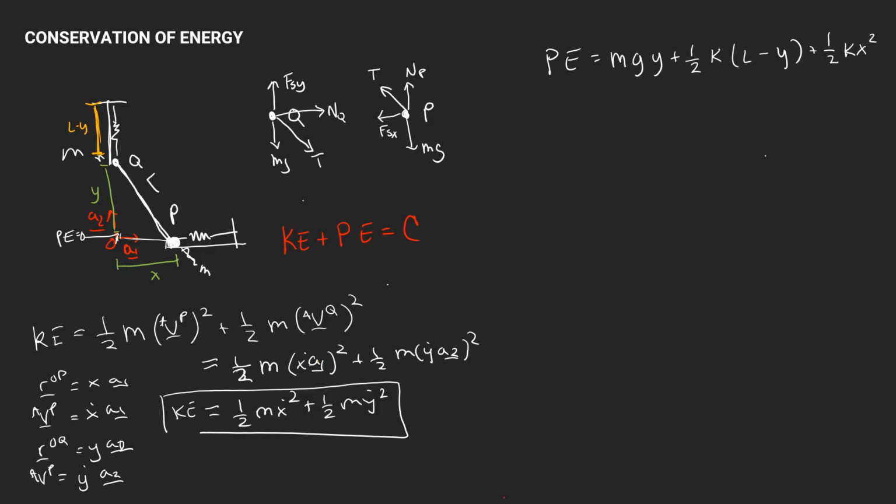And so you take these two equations, the one for the total kinetic energy and the one for the total potential energy, and you set them equal to a constant.